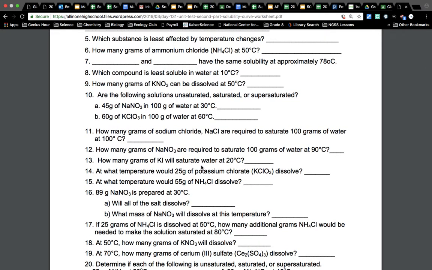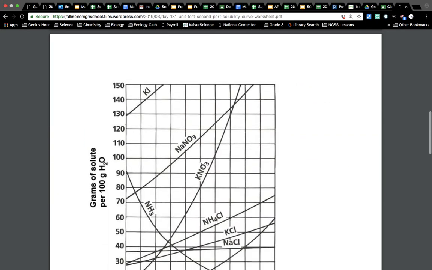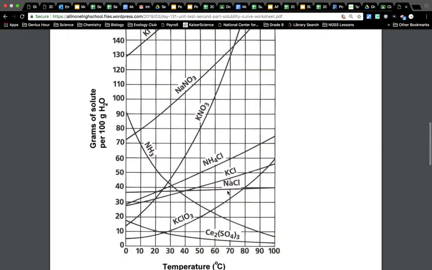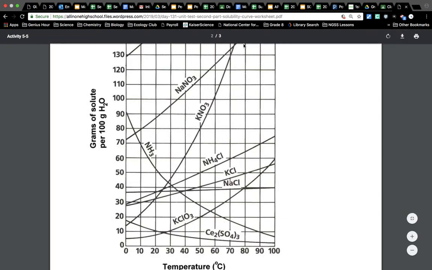Blank and blank have the same solubility at 78 degrees Celsius. Which two things have the same solubility at 78? So I'm going to look around 80 and see, are there two lines that are fairly close together?